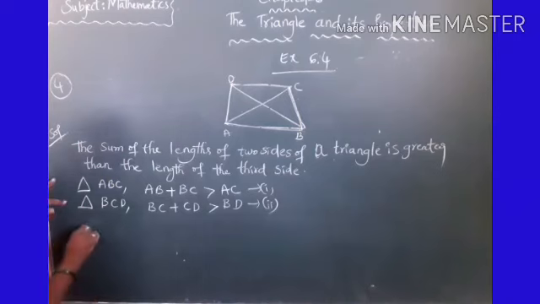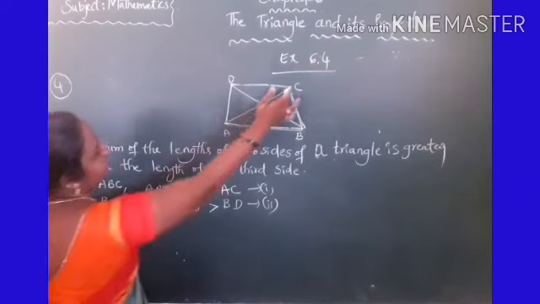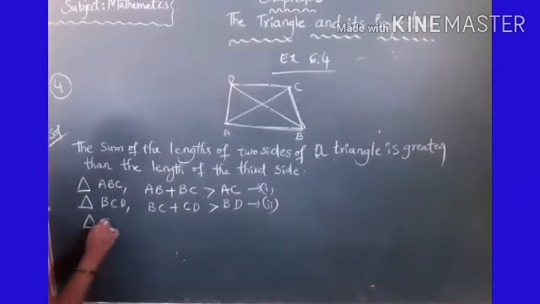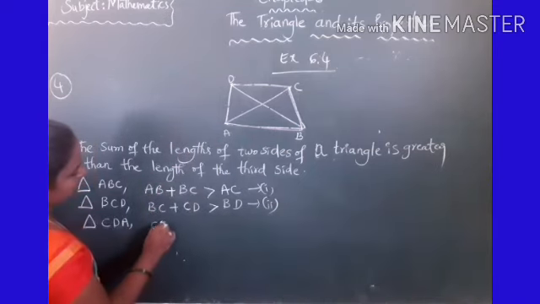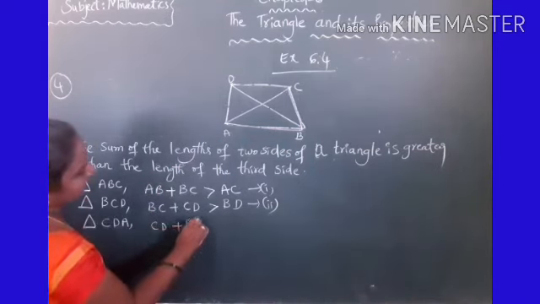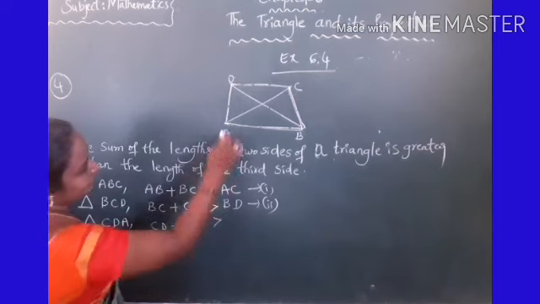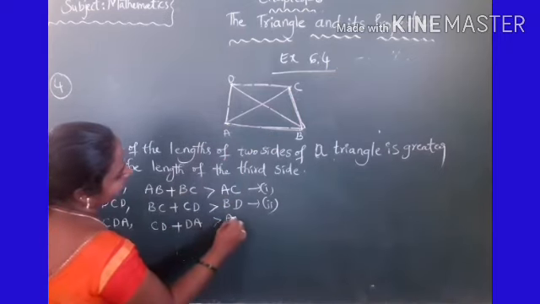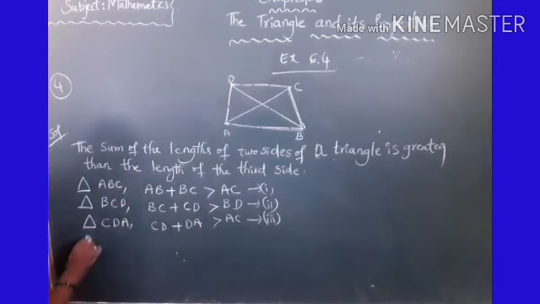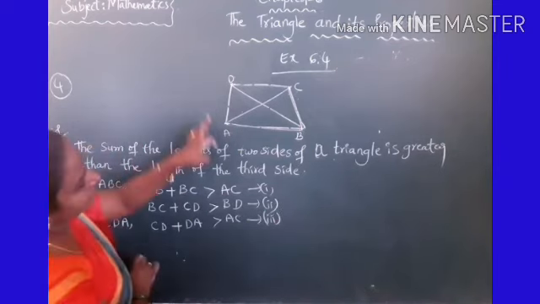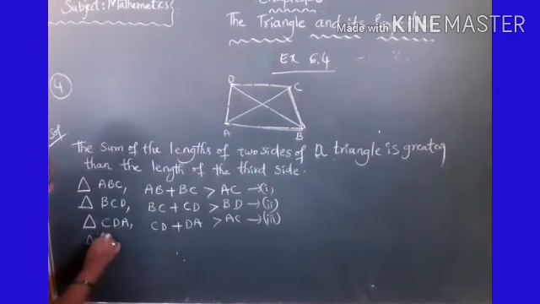Right. Now the next triangle, CDA. Sum of two sides, CD plus DA, is greater than the third side, that is AC. Next, the fourth triangle, DAB.